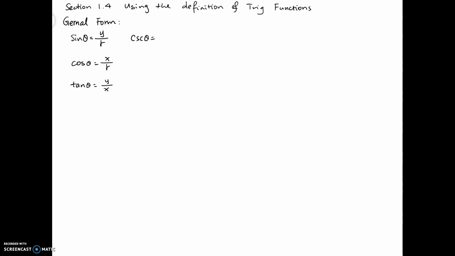Cosecant theta is r over y, secant theta is r over x, and cotangent theta is x over y.